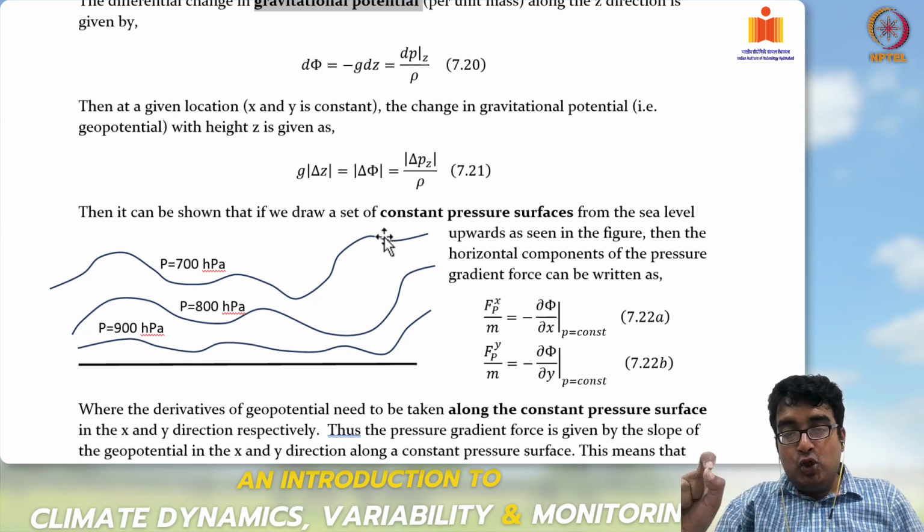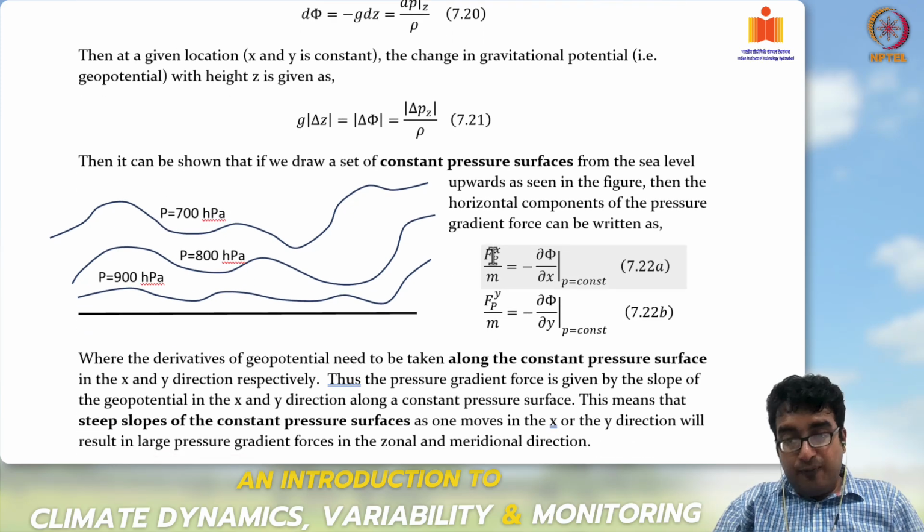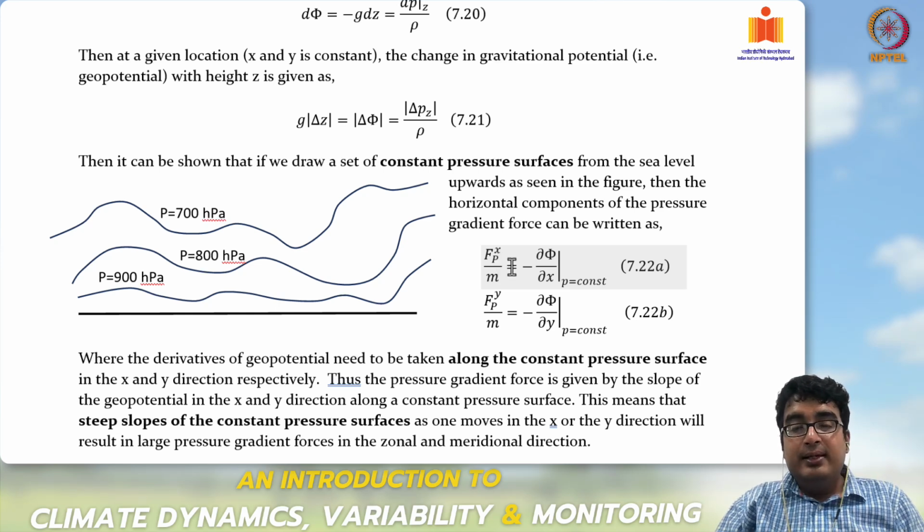So it can be shown that the pressure force in the x direction, that is the zonal direction, per unit mass, is the negative of the gradient of gravitational potential along the zonal direction along an isopressure surface.